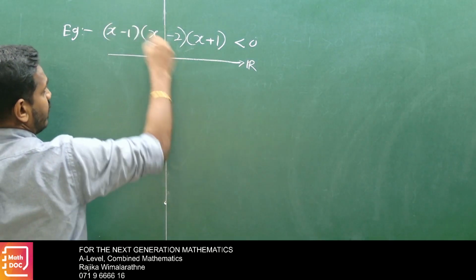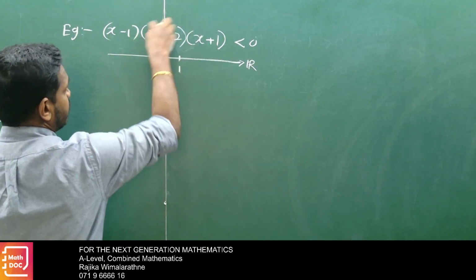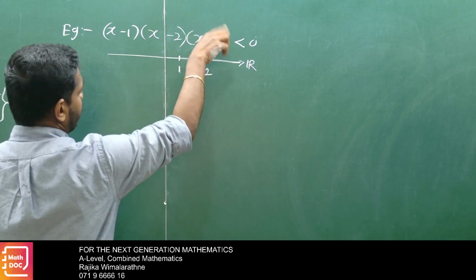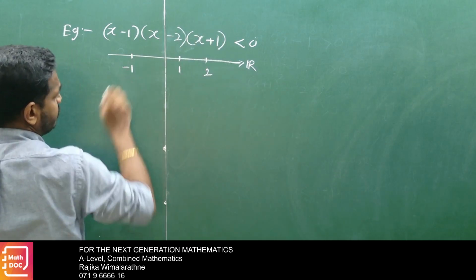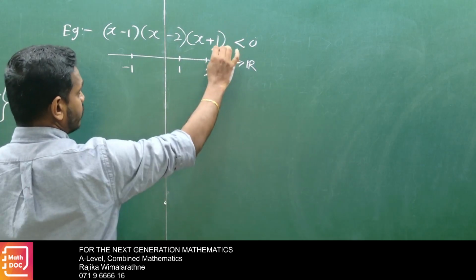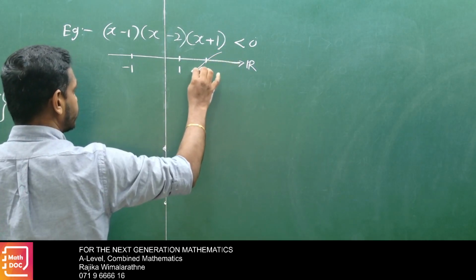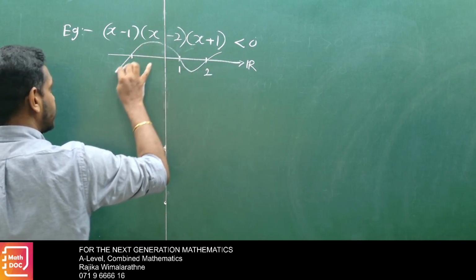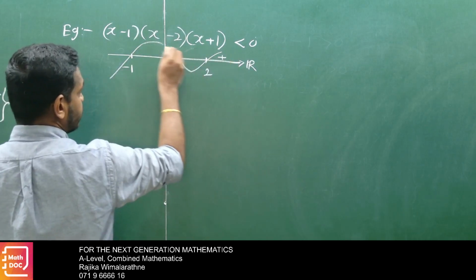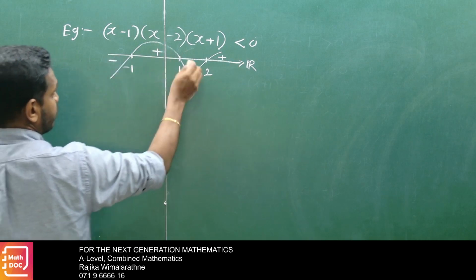Here the zero value is 1, mark it. Here the zero value is 2, mark it. Here the zero value is minus 1, mark it. Those are critical values. Then from the right hand upper corner, you start sketching the graph, changing sign at each critical value. This region is positive, this negative, this positive, this negative.